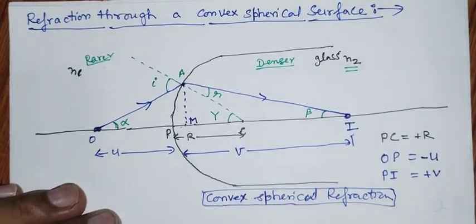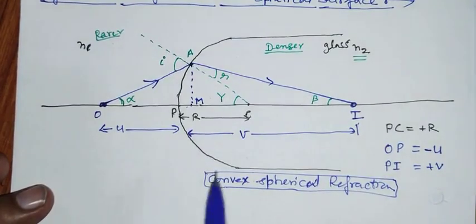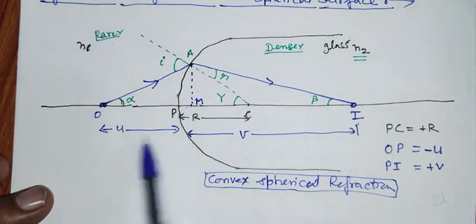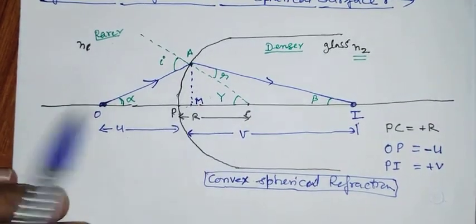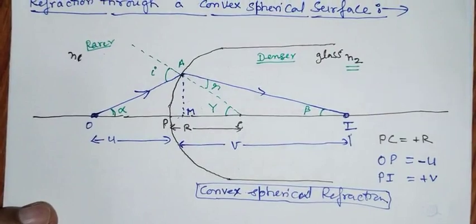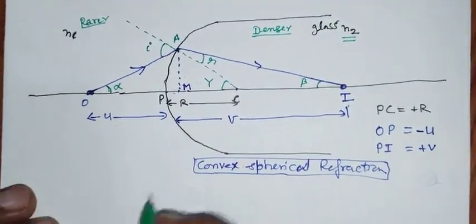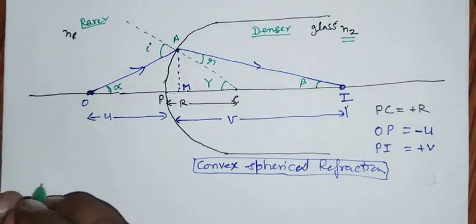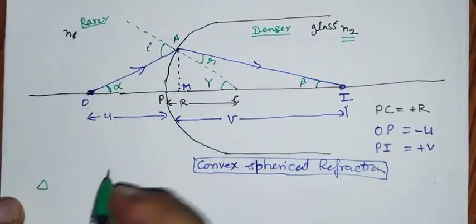Now see the mathematical process to obtain the relation between u, v, R and in terms of refractive indices. First of all, we are going to take some triangles. First triangle, we are going to select AOC in the diagram.